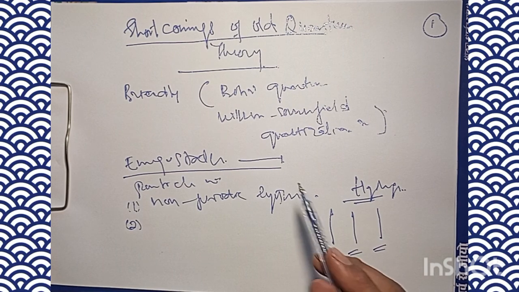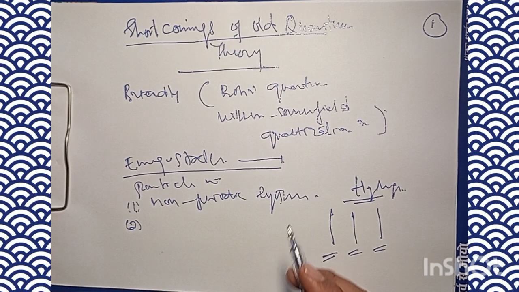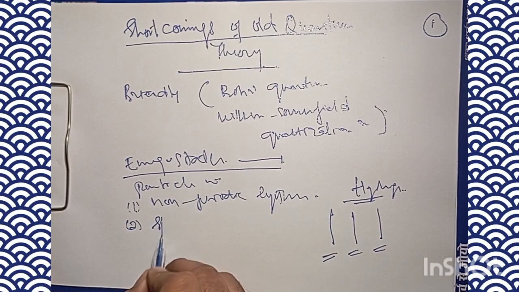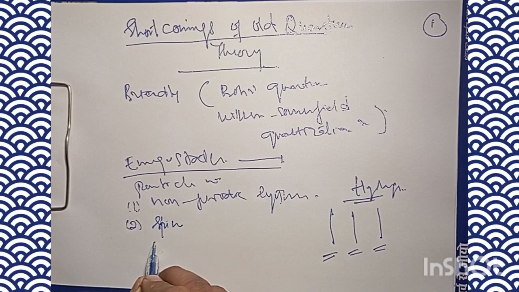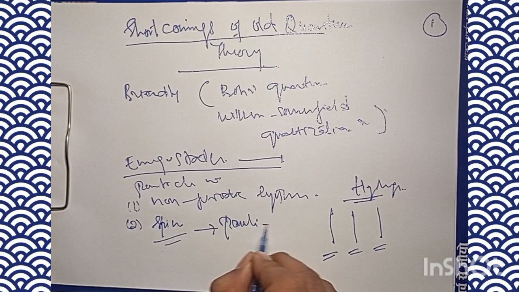And it could not explain the processes connected to the spin of the electron, and hence automatically the Pauli exclusion principle.